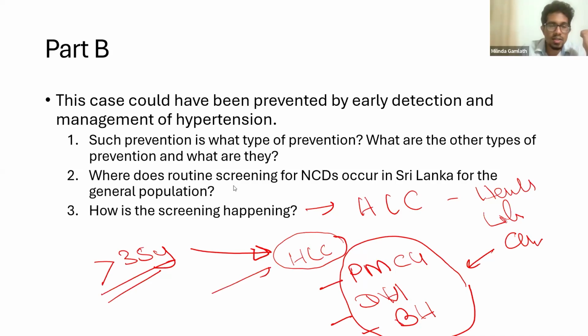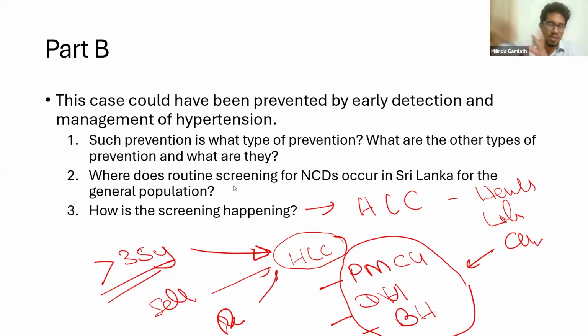And how can they attend? They can self-refer, which means they can come on their own, or they can be referred, right? They can be referred by the GPs, they can be referred by the public health staff. So that is where the MOH staff comes in. The MOH staff, the PHI, the PHMs, they can refer the patients to these HLCs, and there the screening will happen.